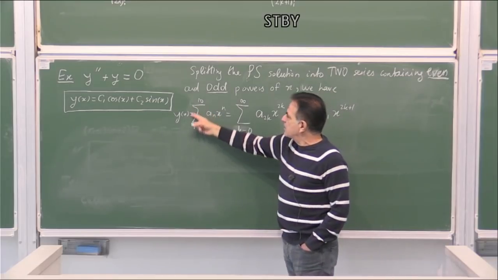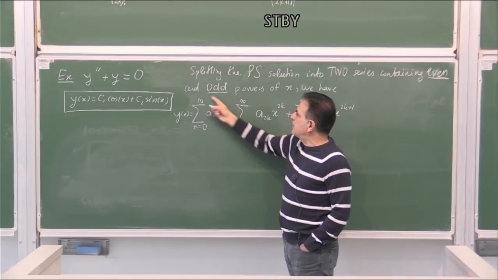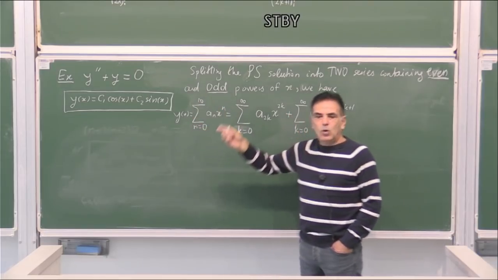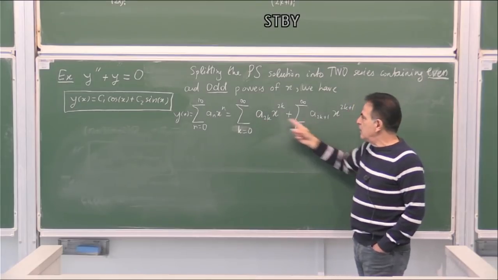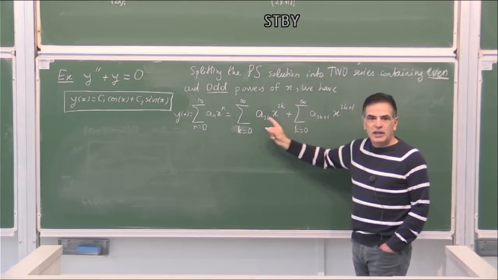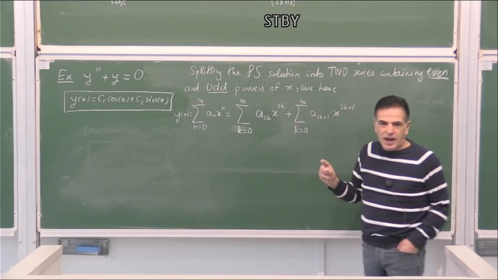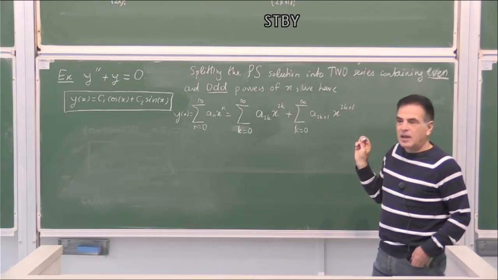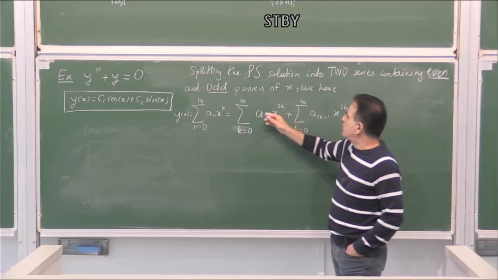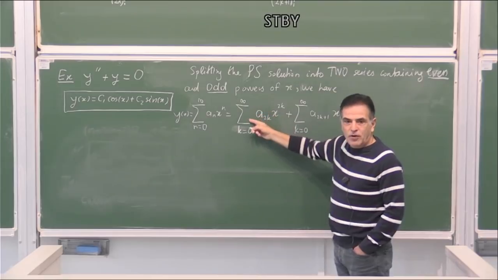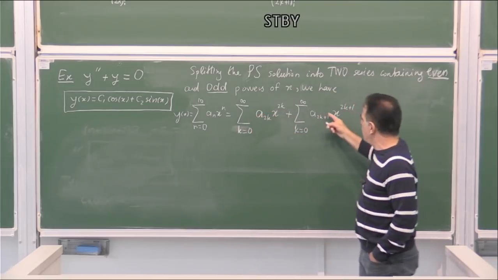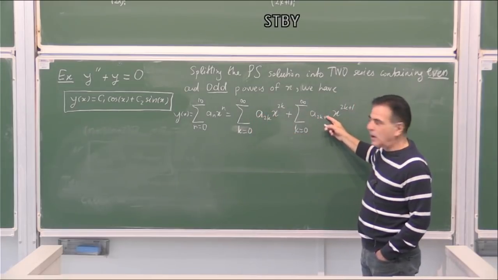Therefore, a power series containing all powers of x may always be divided into two series containing only even powers of x and odd powers of x, respectively. Okay? Here, the reason to split the series into two series is that we get a formula for a2k and another formula for a2k plus 1.